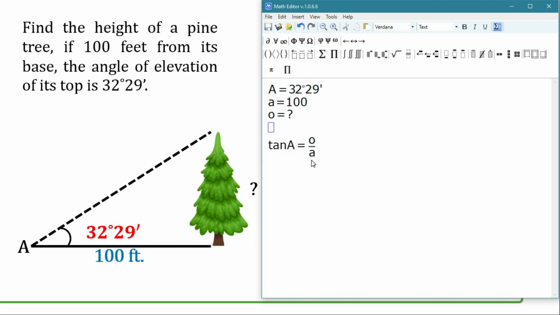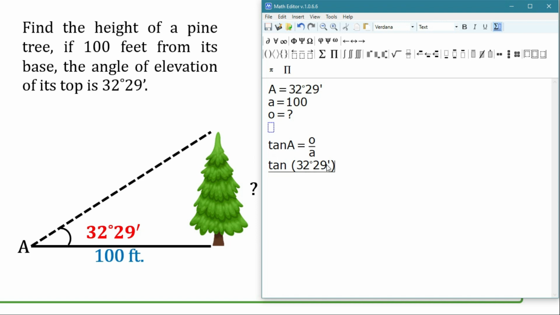Okay? And to look for the value of the opposite side, what we're going to do is just to substitute the values from our given to our formula. So we are looking for the tangent of 32 degrees and 29 minutes. You can actually convert this first into decimal degrees if you want to, pero dahil given naman tayo ng calculator, pwede na natin siyang idiretso.